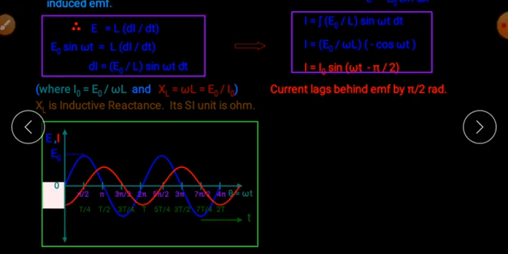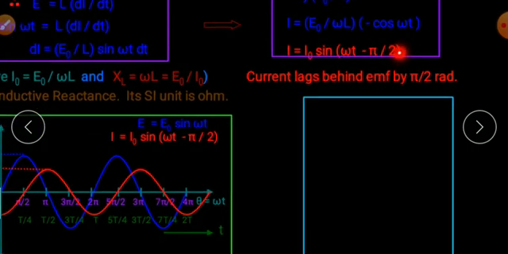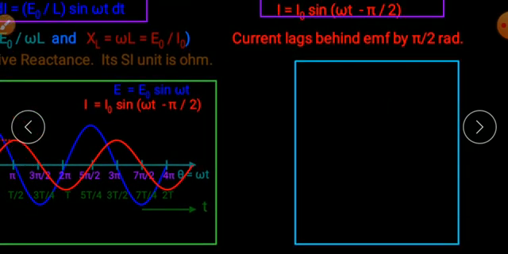E equal to E naught sin omega t, and I equal to I naught sin omega t minus pi by 2. Now this figure is the phasor diagram of an AC circuit containing inductance only.